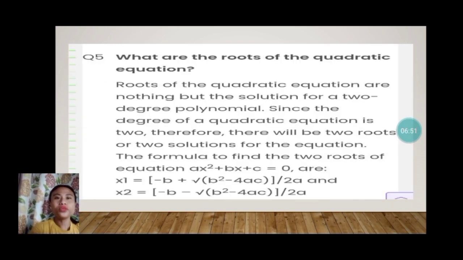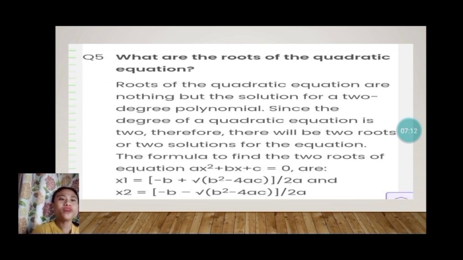Number 5 question. What are the roots of quadratic equations? The roots of quadratic equations are nothing but the solutions for a 2-degree polynomial. Since the degree of a quadratic equation is 2, there will be 2 roots or solutions for the equation.